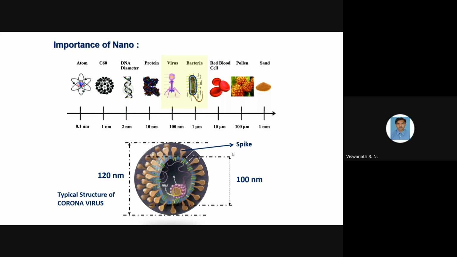If our immune system is increasing and we are maintaining it, these viruses stay few days because its lifetime is 5 to 6 days, 3 days maximum, then its decay time is 3 days. So then it will die, it will go. That way we have to improve our immune system, not by killing the virus. That is the reason the nanometer dimensions are highly effective compared to bigger size objects or conventional objects which we are seeing.